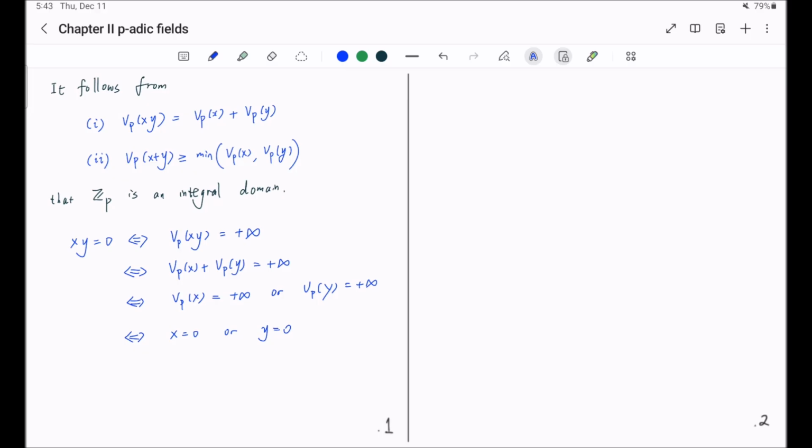And we will discuss this in the next section. But before that, as I promised, we will first introduce a metric on the ring Zp and show that the metric topology on Zp coincides with the subspace topology of Zp inherited from the infinite product of ANs. This is what we are going to do next.